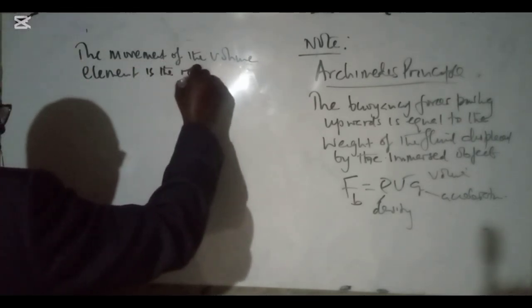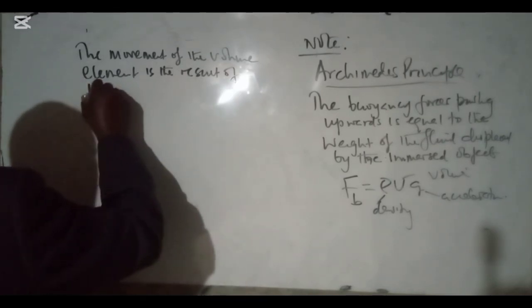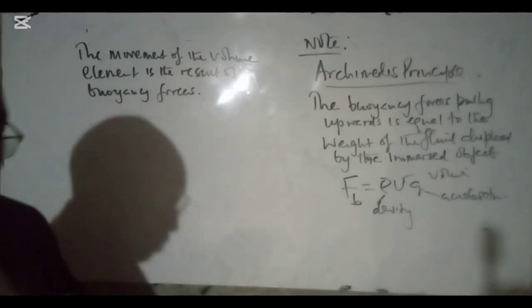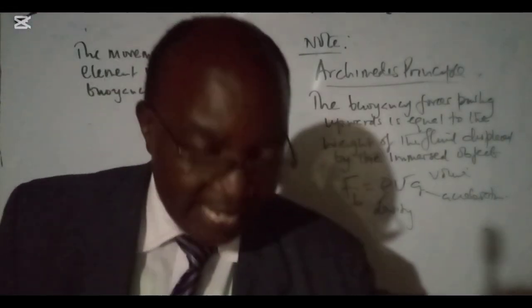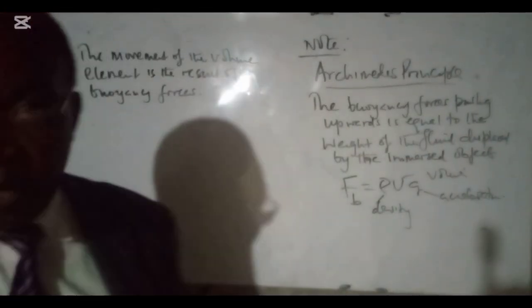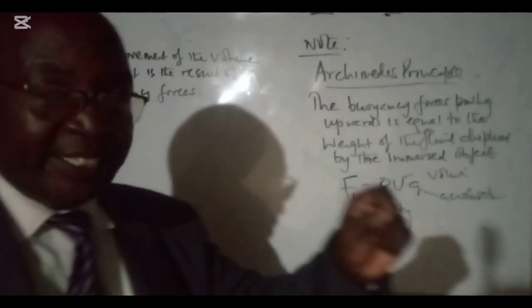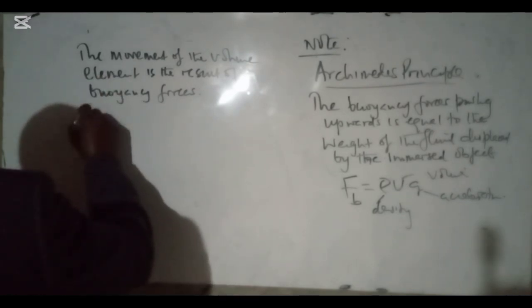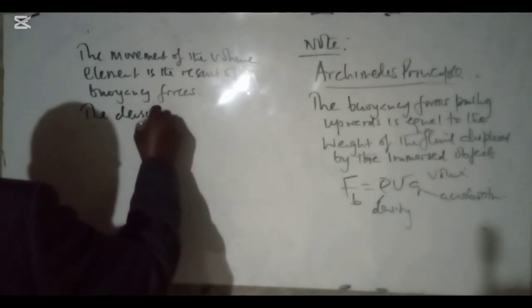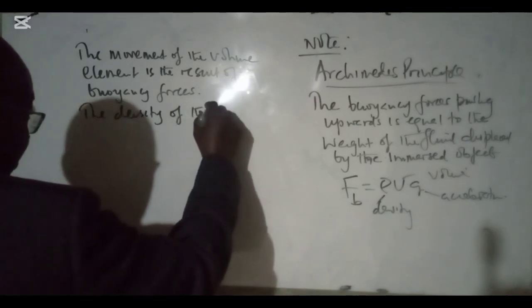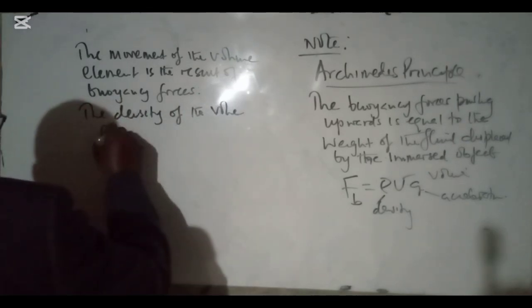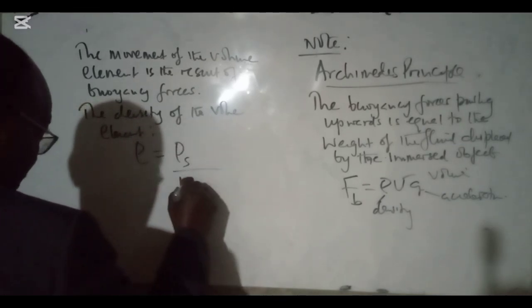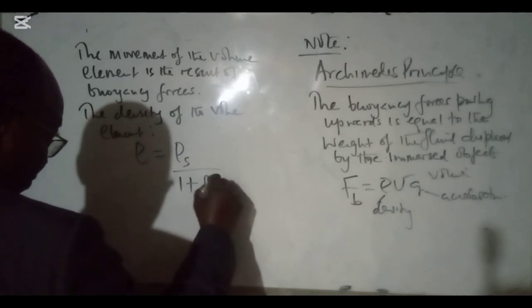And remember, because the temperature of the volume element is higher than that of the surrounding fluid, its density is less than that of the surrounding fluid. So the density of the volume element is given by that fraction there.